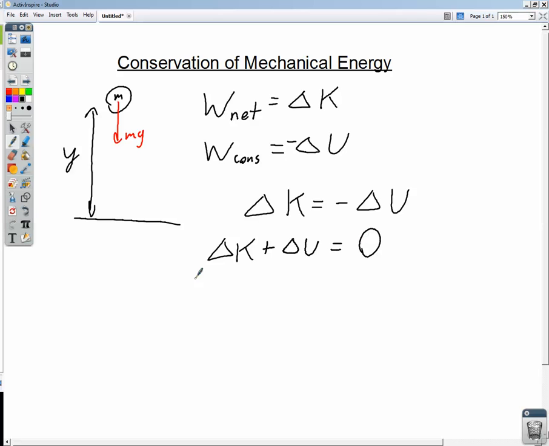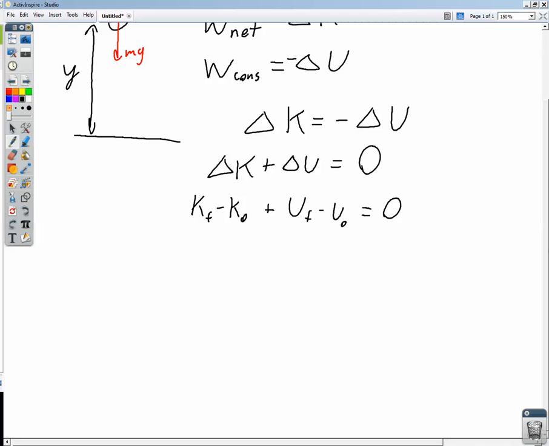Said another way here, we've got K final minus K initial plus U final minus U initial equals 0. Move both initials, K and U, to the other side, and we have K final plus U final equals K initial plus U initial.